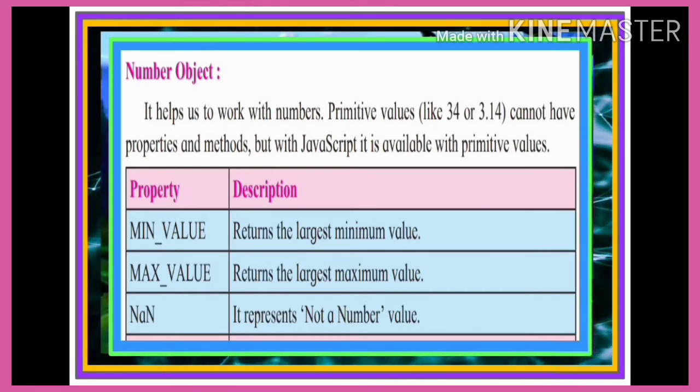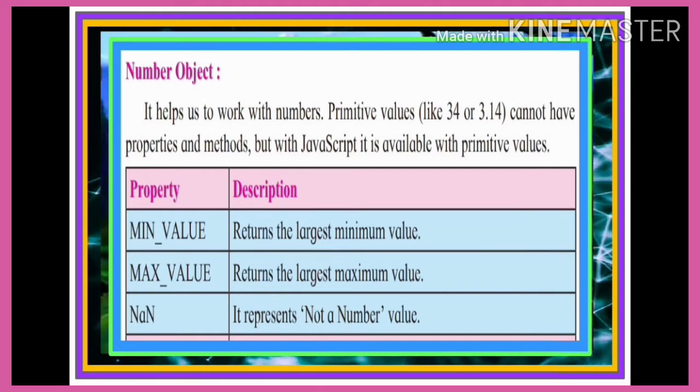Number object helps us to work with numbers. Primitive values like 34 or 3.14 cannot have properties and methods, but with JavaScript they are available with primitive values. The table shows property and description. First property is MIN_VALUE, which returns the smallest value.